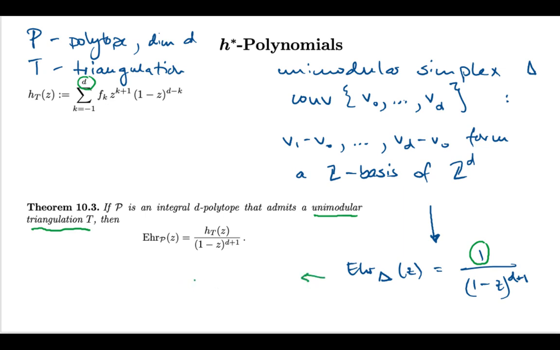What we'll use here is Ehrhart-Macdonald reciprocity to go to the interior of each unimodular simplex. And once you do this step and write the Ehrhart polynomial of a polytope as the sum of the Ehrhart polynomials of these relatively open unimodular simplices, you will see the h-polynomial of the triangulation appearing organically in the numerator of the Ehrhart series.